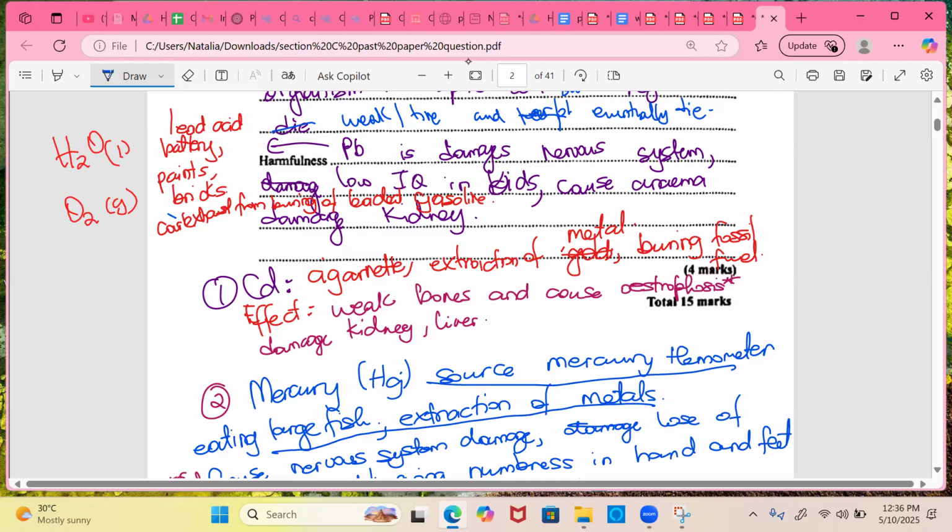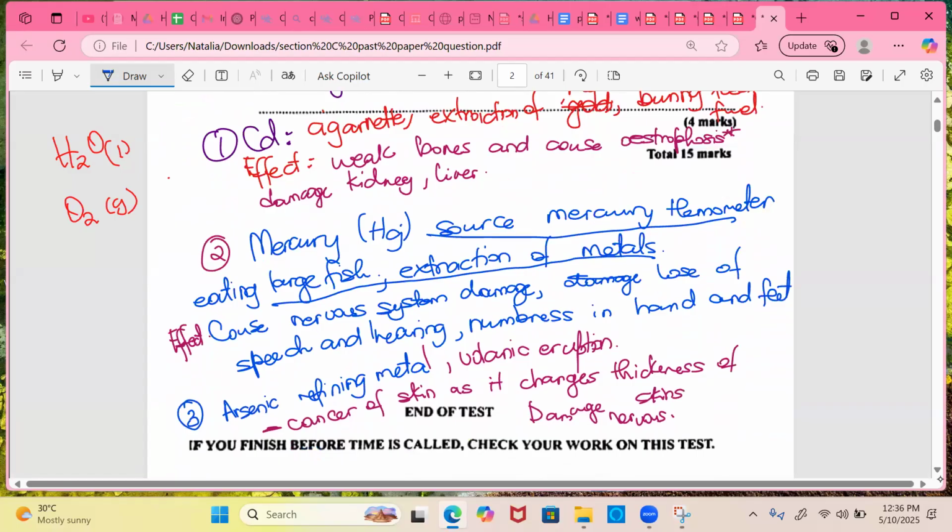So we have cadmium, which is another heavy metal. It's found in cigarettes, extraction of metals, and burning of fossil fuel, and the effect is weak bones, causing osteoporosis, and it damages the kidney and liver. Then we have mercury. Mercury comes from mercury thermometers, eating large fish, and extraction of metals. It causes nervous system damage, loss of speech and hearing, and numbness in hands and feet.